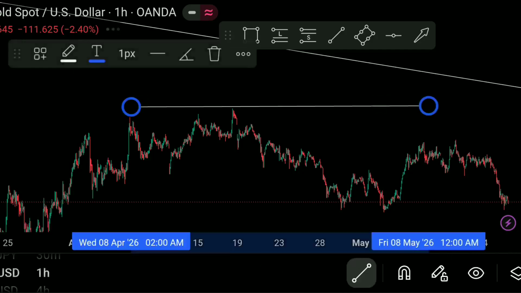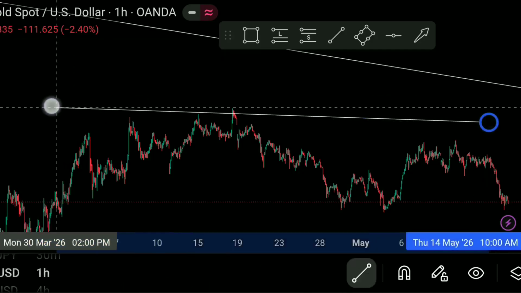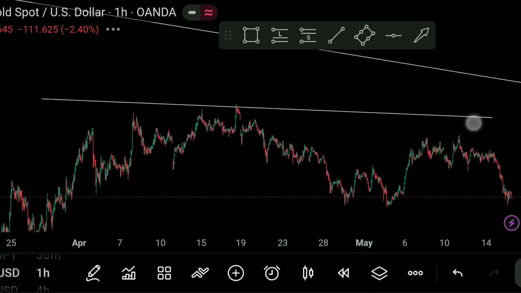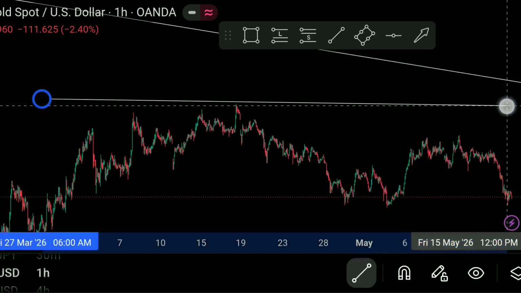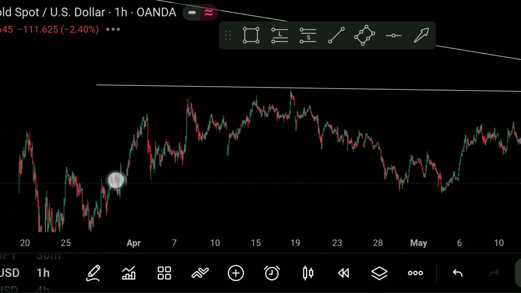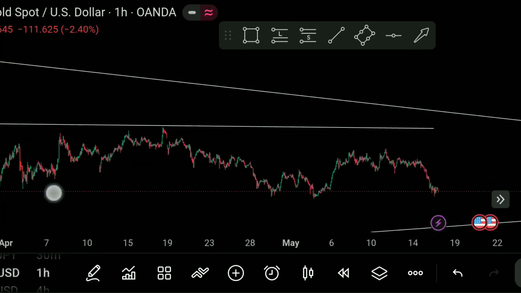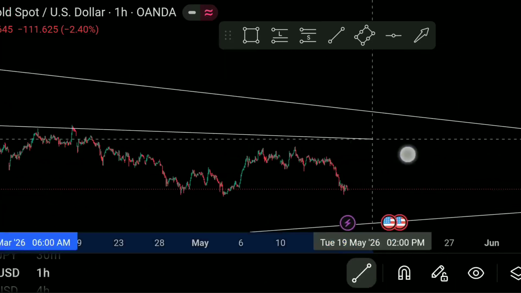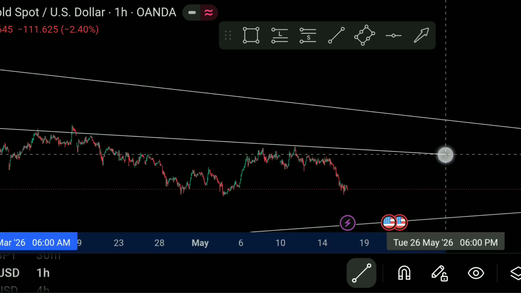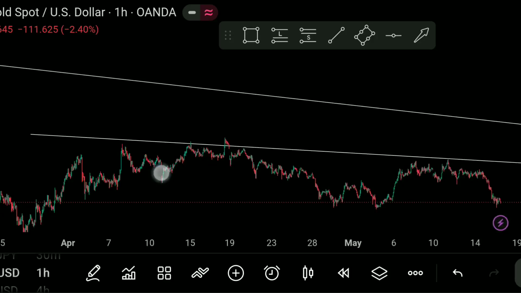So you can see what is happening. In fact, the trend is not clear yet on this 4 hour time frame. But that will not stop us from still drawing our trend line. So what I'm going to do is just connect it at the tip here. Then connect it at the tip here.